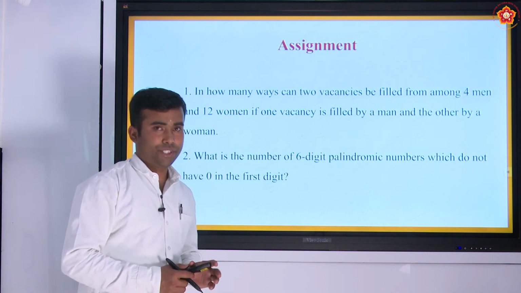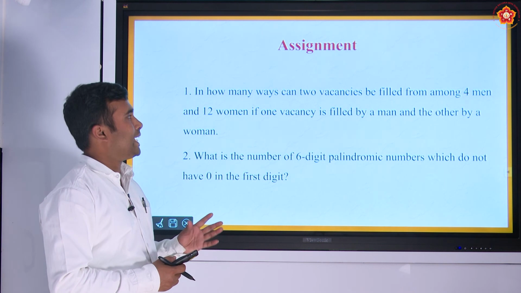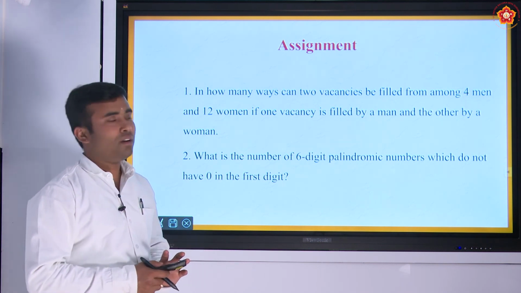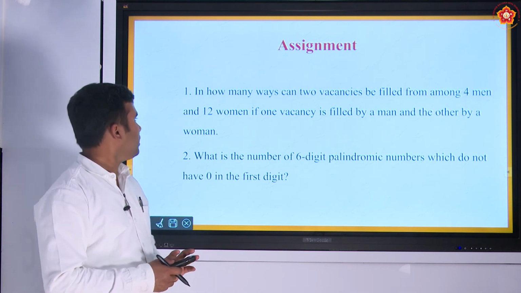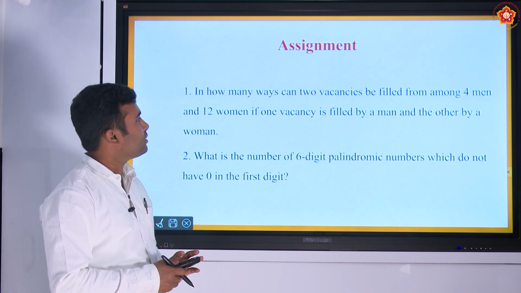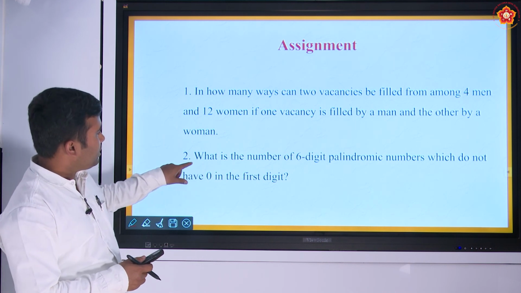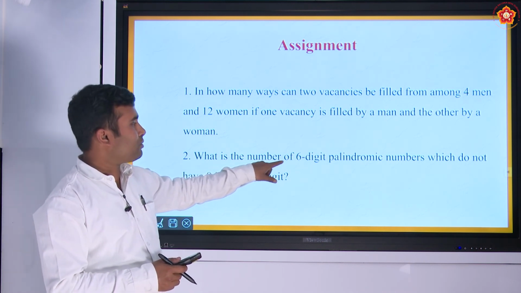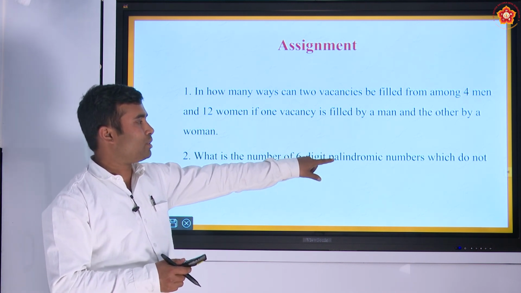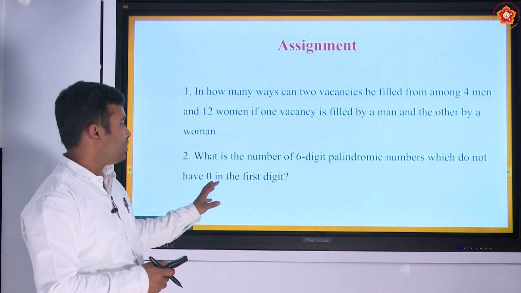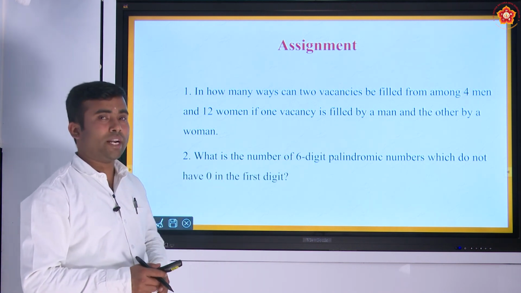Okay, assignment questions. How many ways can 2 vacancies be filled from among 4 men and 12 women if one vacancy is filled by a man and the other by a woman? We have already done this. Next, what is the number of 6-digit palindromic numbers which do not have 0 in the first digit? Kindly do this.